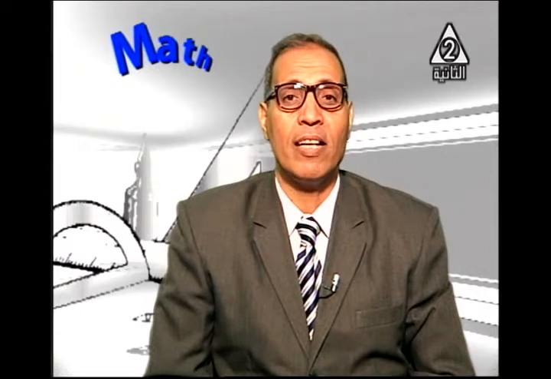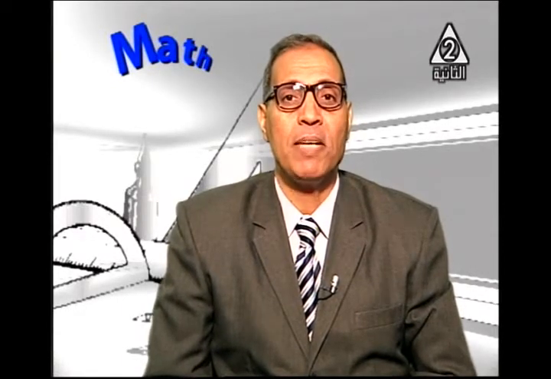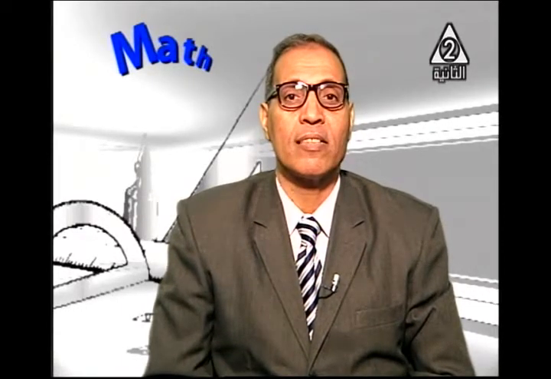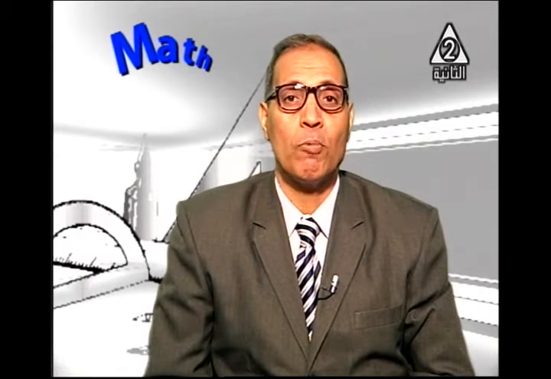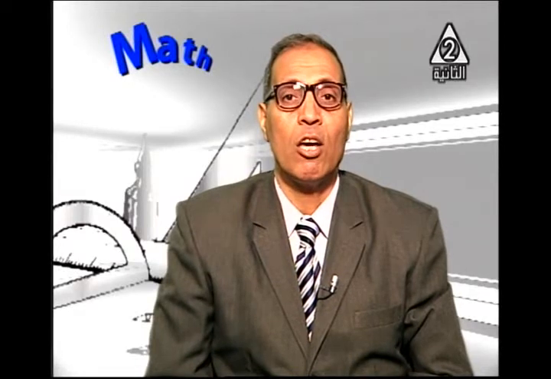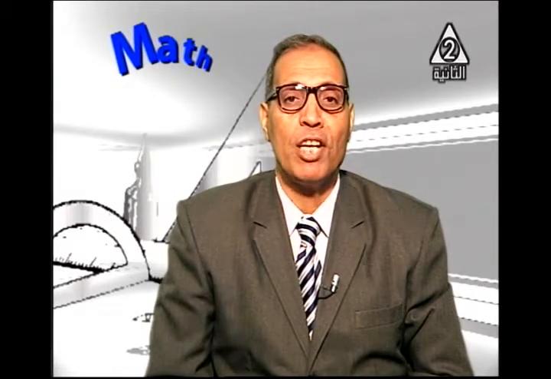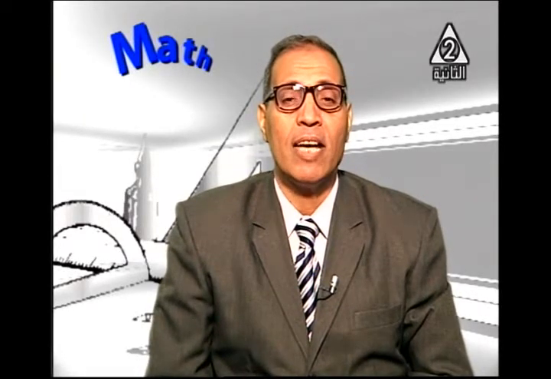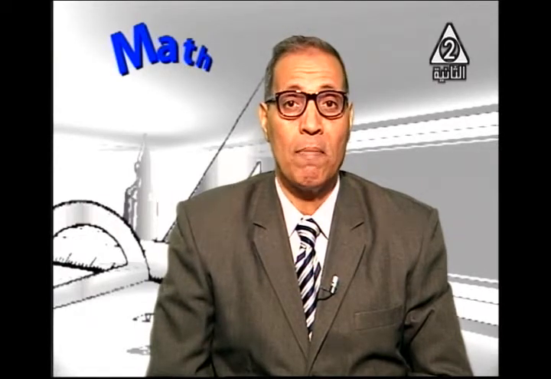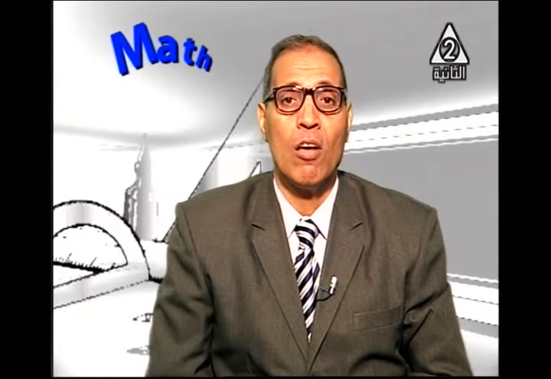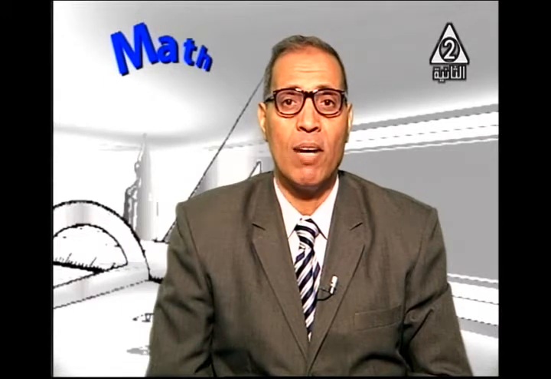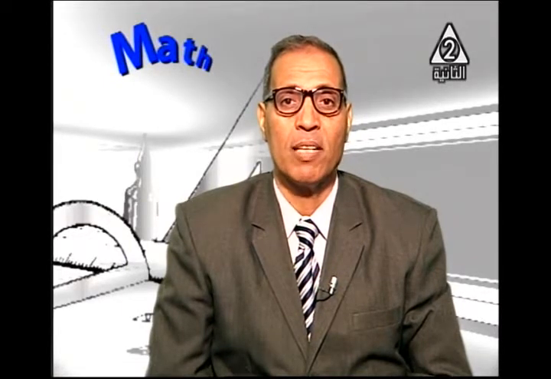Slope of a straight line means we have many slopes. By using tan theta, we find the slope of a straight line. Remember, we use the slope when we find the equation of the normal and the equation of the tangent. The equation of the tangent is y minus y1 equals m multiply x minus x1.